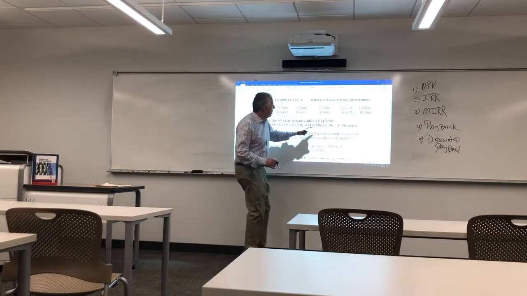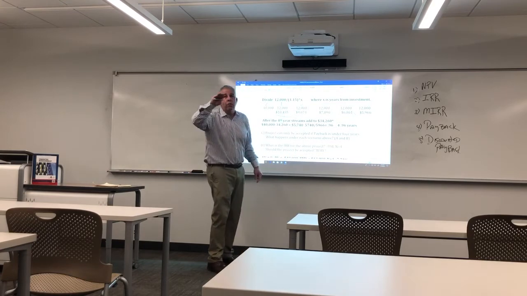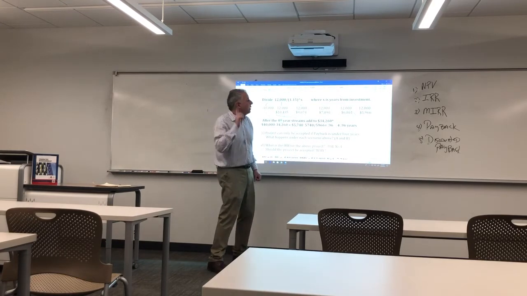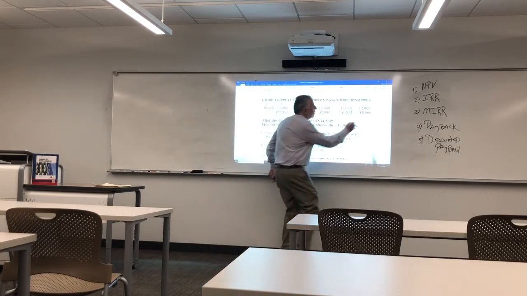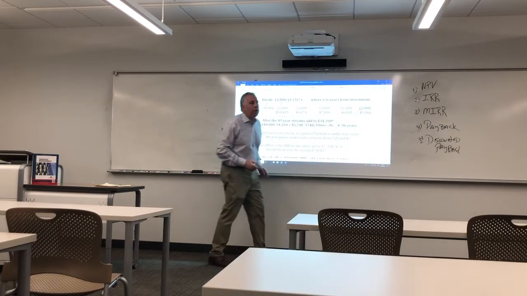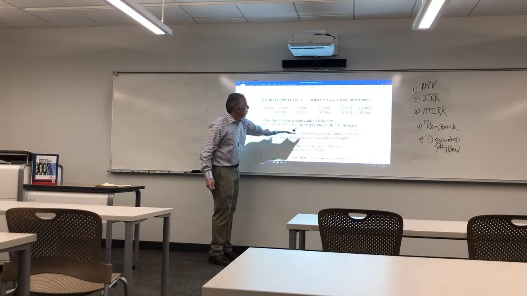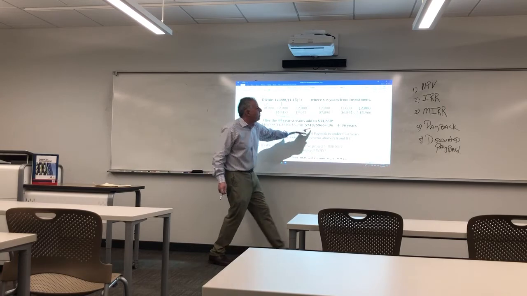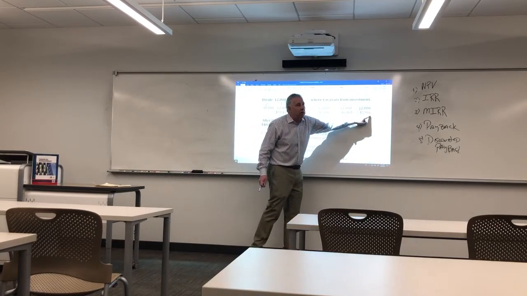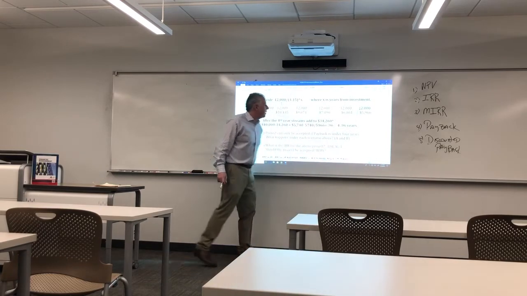Note, important thing, payback, we just took 4 grand over to 12 grand cash flow. Discounted payback, we actually use the discounted amount. So we're short 5,740 divided by the discounted amount of the next year. That's how we got the 0.96.